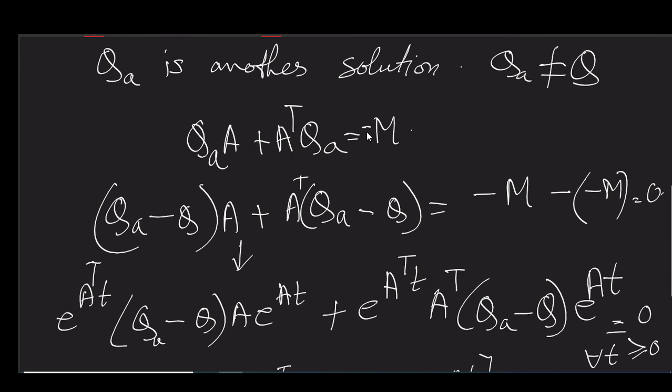I leave this as a task for you to figure out whether this statement was sufficient to conclude that Q is equal to Q tilde. You can even pick up a small example by yourself and try to show that writing this single statement is not enough to prove that Q is equal to Q tilde.